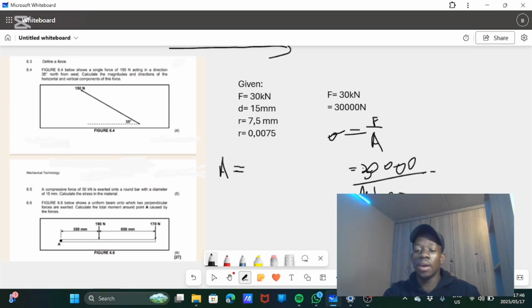Okay, you get it. This is our radius, so you just divide that.